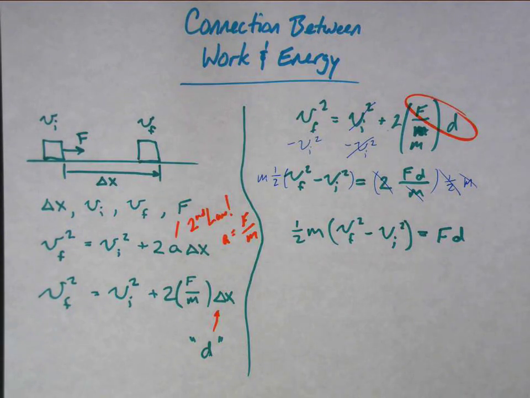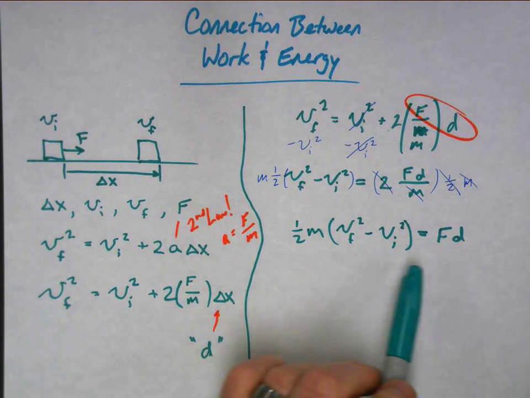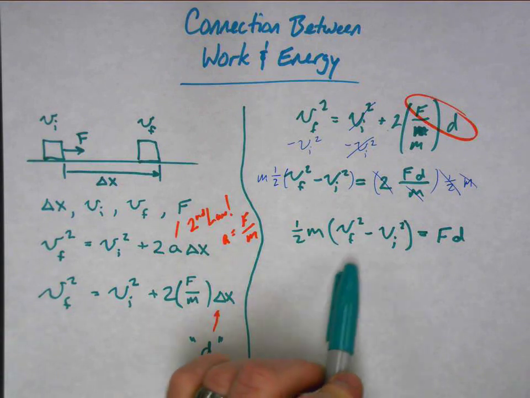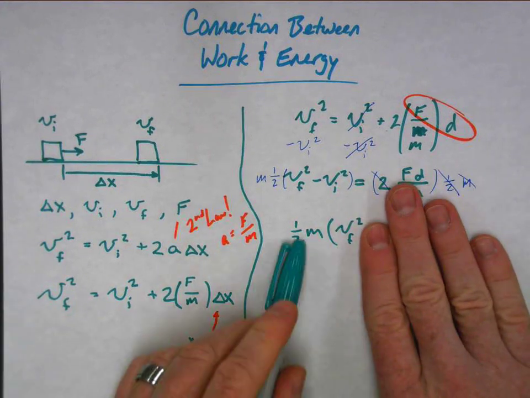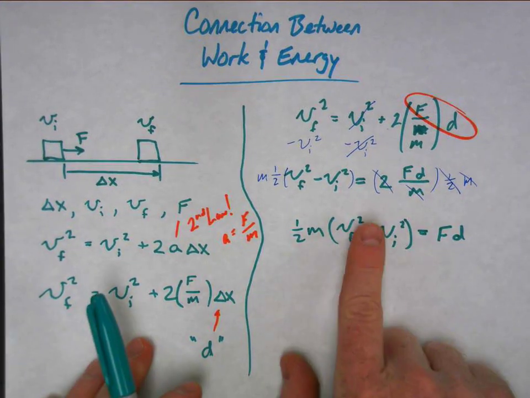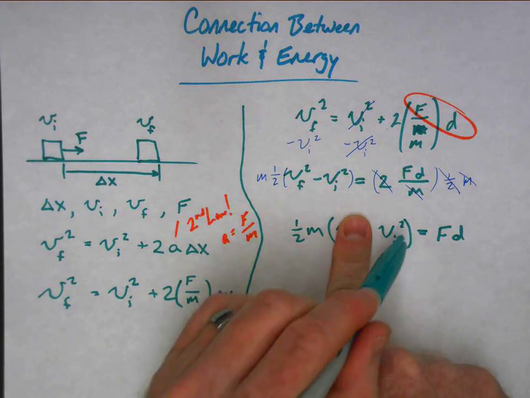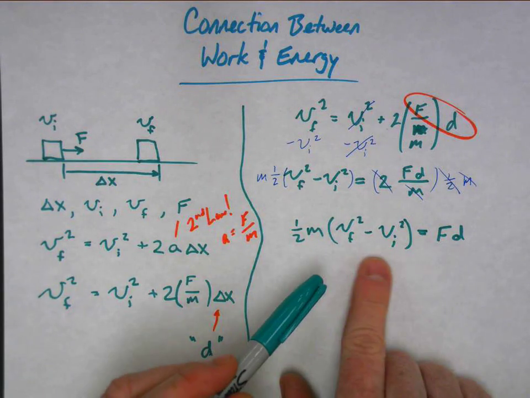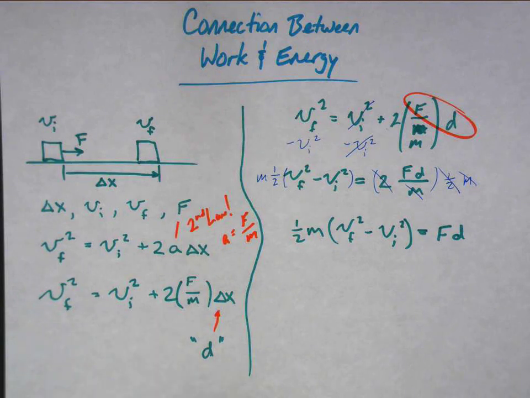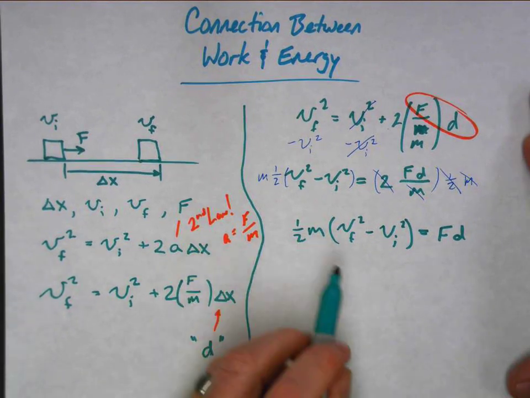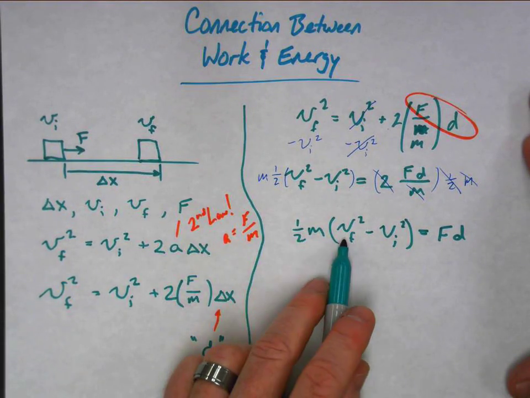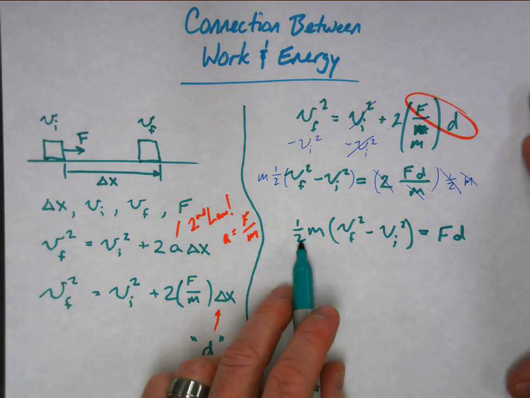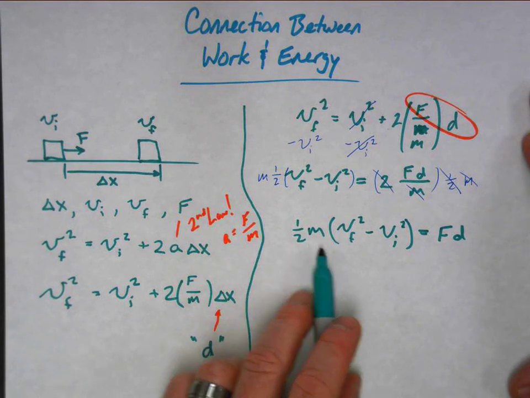What kind of energy are we talking about? The energy of motion, kinetic energy. And this is looking like it might be kinetic energy. Look, if I hide that, I've got 1/2 mv squared. If I hide that one, I've got 1/2 mv squared. Different v's going on, right? Well, what I can do mathematically is distribute 1/2 m times vf squared, and I'll have 1/2 m times vi squared.